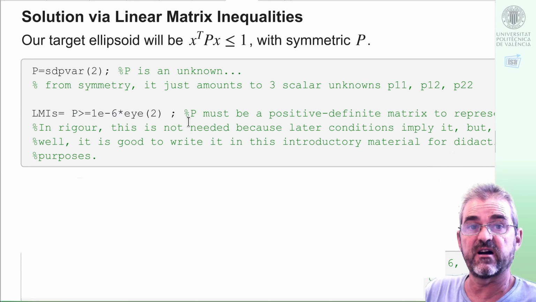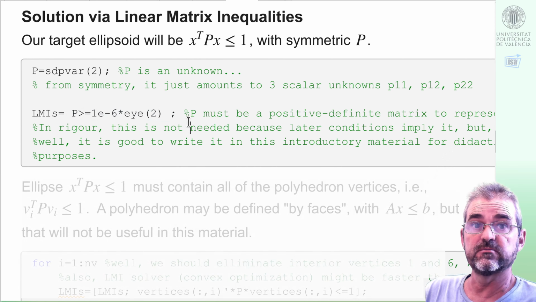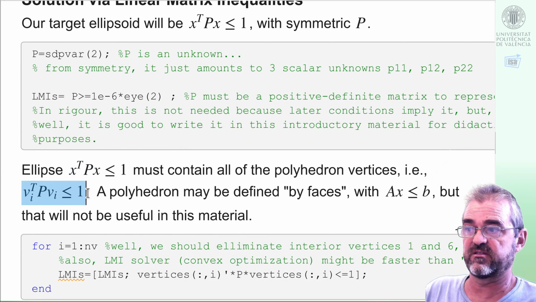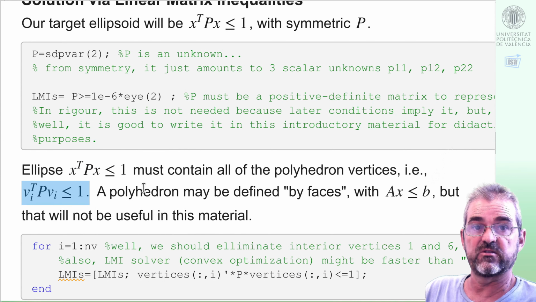So once we have defined our main unknown, in order for this ellipse to contain the vertices, of course, each of the 10 vertices will need to fulfill the ellipsoid equation. This is why we will use the vertex description of the polyhedron and not the face description.